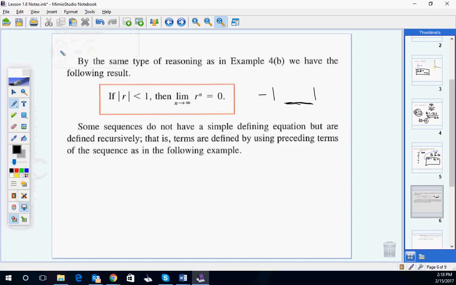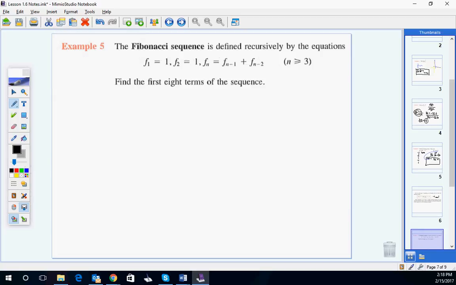All right, so the Fibonacci sequence is defined recursively by the equations f of 1 equals 1, f of 2 equals 1, f of n equals f of n minus 1 plus f of n minus 2. So it's kind of weird, it goes 1, 1, 2.